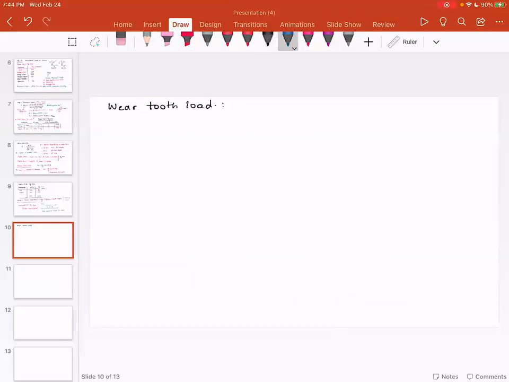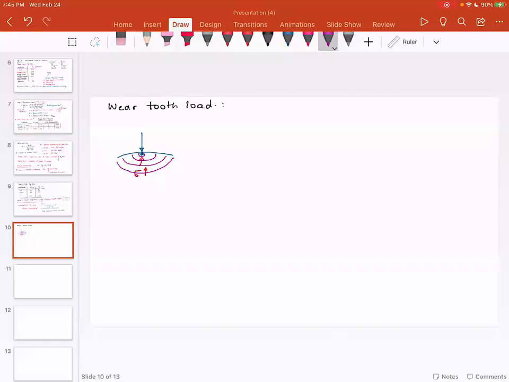So what I want you to do is assume that you have a force acting on this surface. If you look at the amount of stress under the load, the value of stress is going to be significantly high, which means if you follow the stress pattern around the point of action of load, it will show something like this.